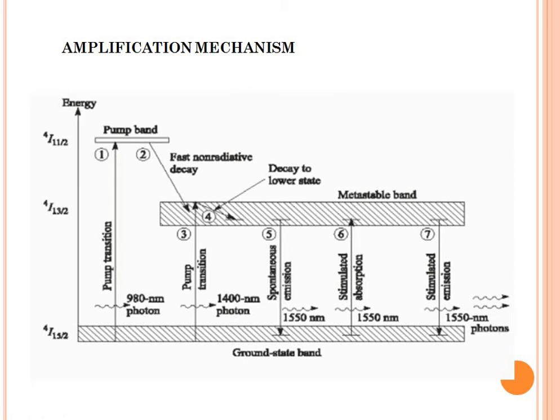To understand the various energy transitions and photon emission ranges, let's consider the following conditions. The pump band exists at a 1.27 electron volt separation from the bottom of the ground state. This energy corresponds to 980 nanometer wavelength.